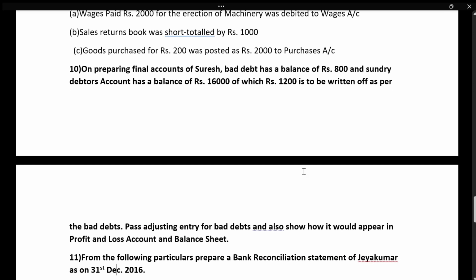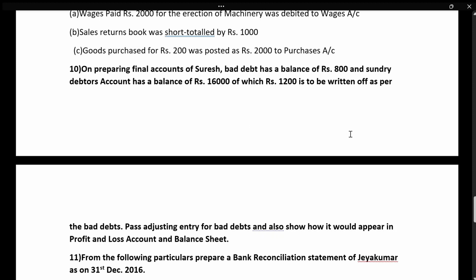Pass journal entry for bad debts and also show how it would appear. So the adjusting entry for bad debts is bad debts account debit to sundry debtors account 1200 you should write. And on the profit and loss debit side you have to write the bad debts, the old balance.